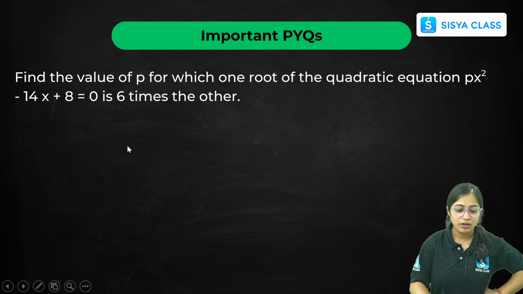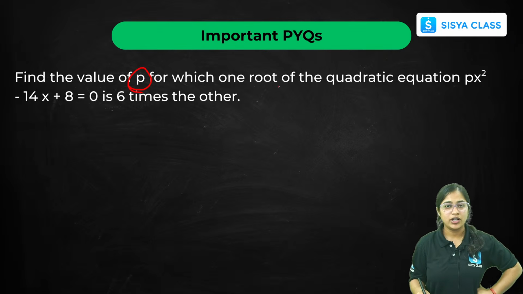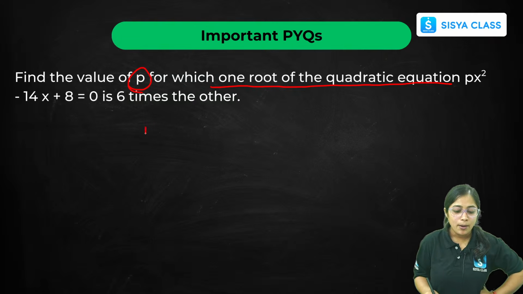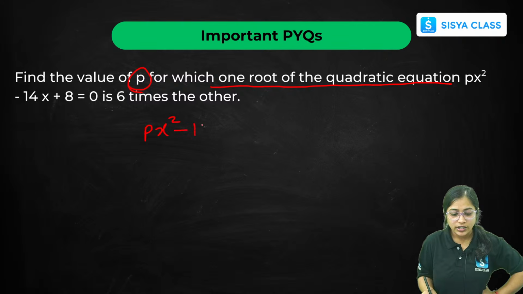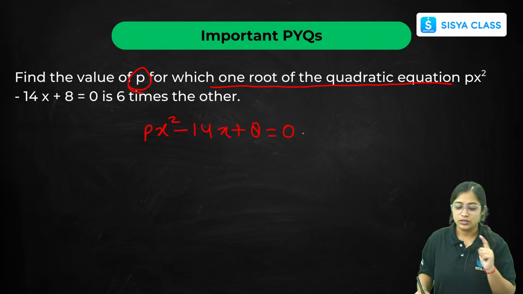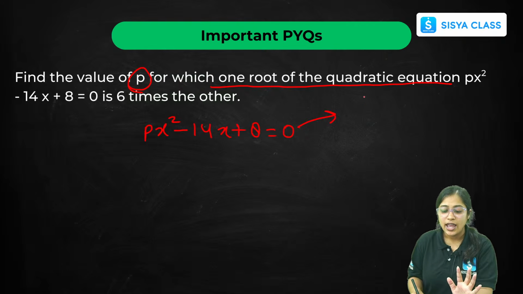So here we have a question: find the value of p for which one root of the quadratic equation px square minus 14x plus 8 equal to 0 is 6 times the other. Okay, so let's suppose that the roots of this quadratic equation are alpha and beta, right?